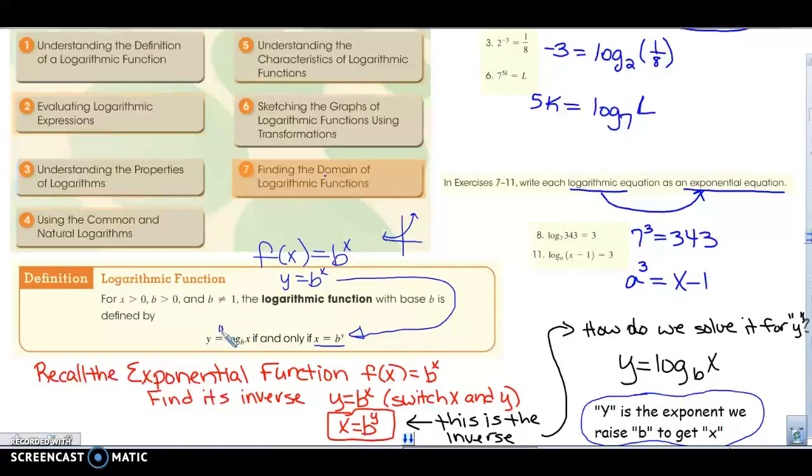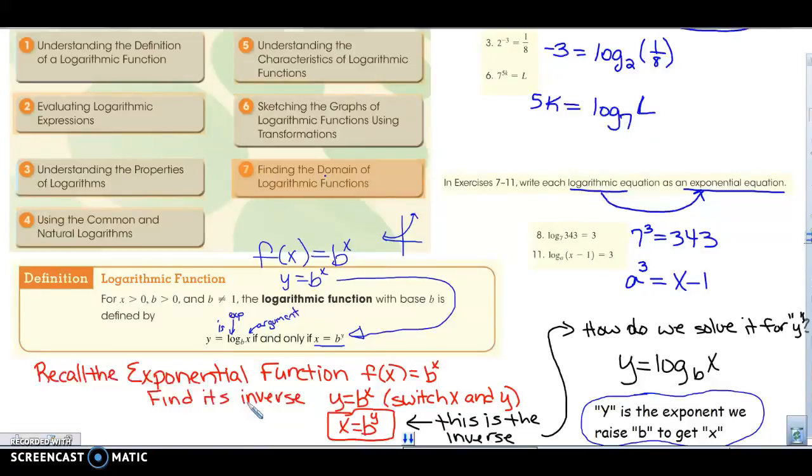When you see the word logarithm, I want you to think exponent. Y is the exponent that I have to raise base b to in order to get x. X is referred to as the argument or the result. So this statement here can be rewritten in logarithmic form like this.